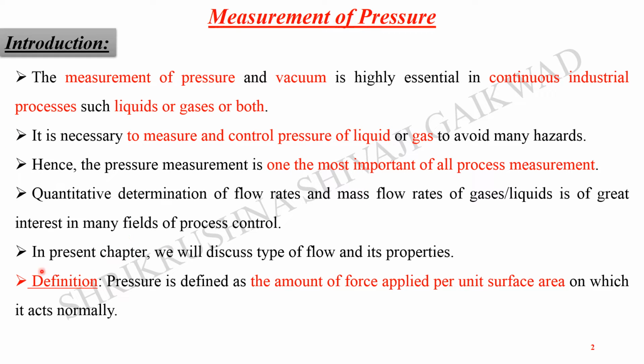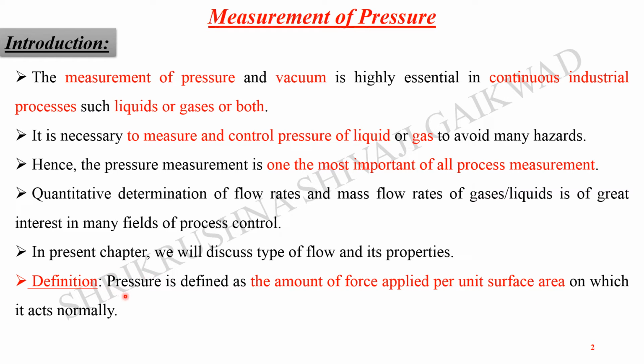Now, what is meant by pressure? This is one of the important physical quantities, and is defined as the amount of force applied per unit surface area on which it acts normally. So the amount of force acting tangentially per unit surface area gives us the pressure.